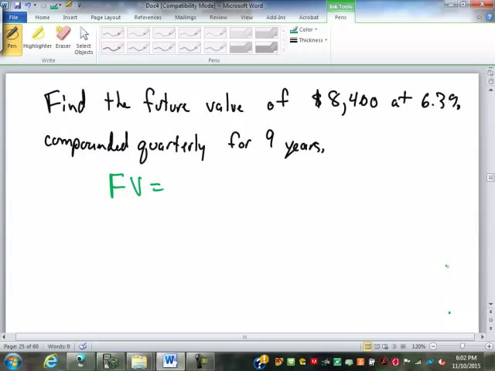So, our future value will be 8,400 times 1 plus 6.3% is 0.063 divided by quarterly, so 4, to the power of 9 years, quarterly, 9 times 4 is 36. I'm just going to write that in there.